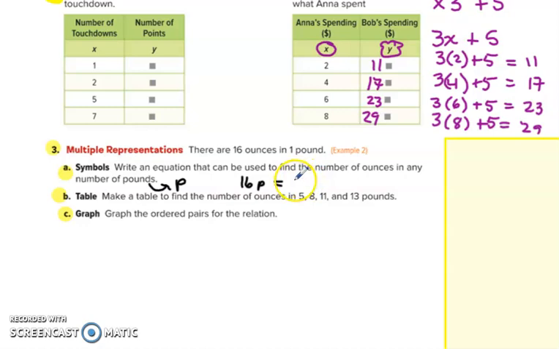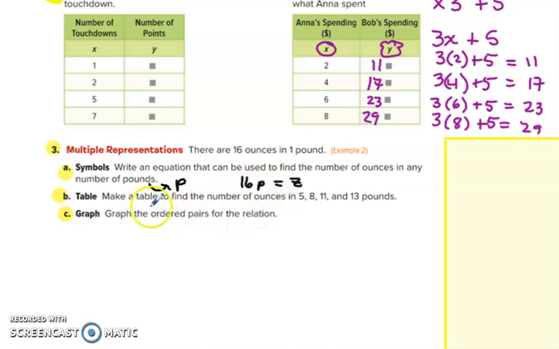I don't like writing O's, so since it's OZ, I'll just put a Z. You can put any variable in there and it's going to be correct. I'll just have to go through and check it. Remember, 16 times P is written as 16P. You can put a times sign in there, but you need to eventually get to where you're just writing 16P.